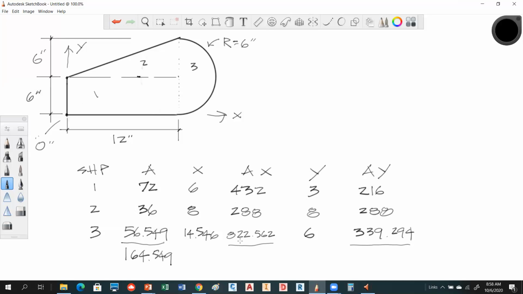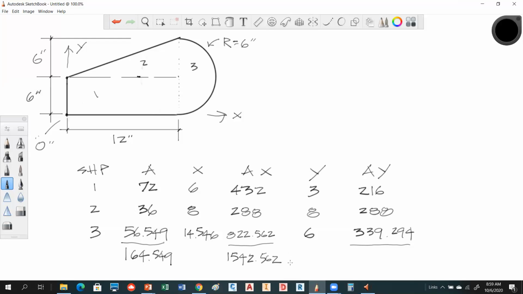We're going to sum that column: 432 plus 288 plus 822.562 is 1542.562. You guys verify that.